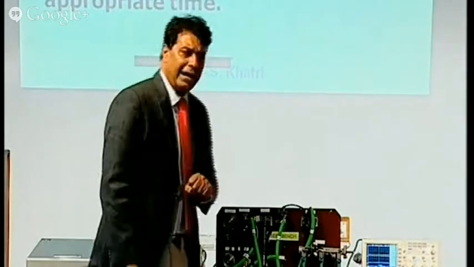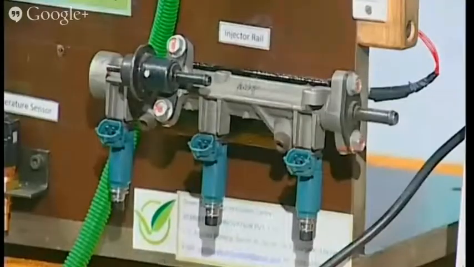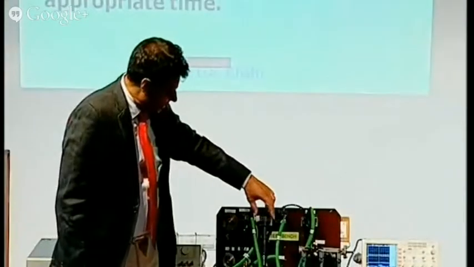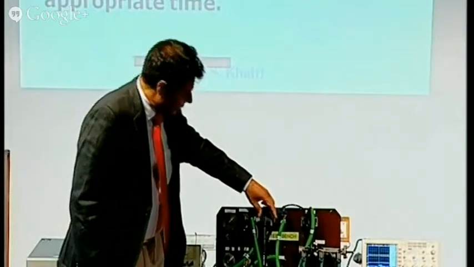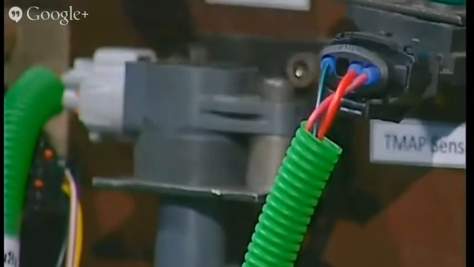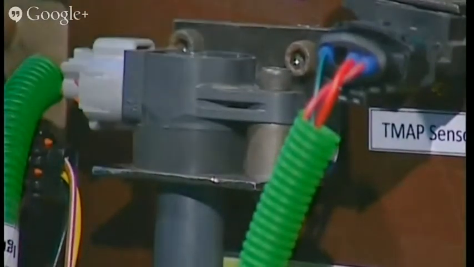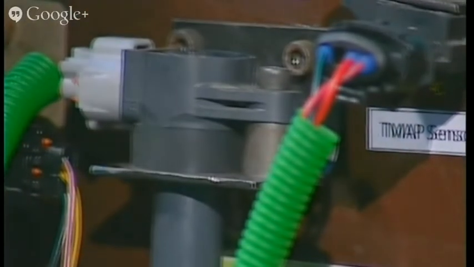Now come to another part, that is ignition. You can see here, we call it an integrated coil. This coil is directly mounted on the engine near the cylinder, and here you can see a spark plug.